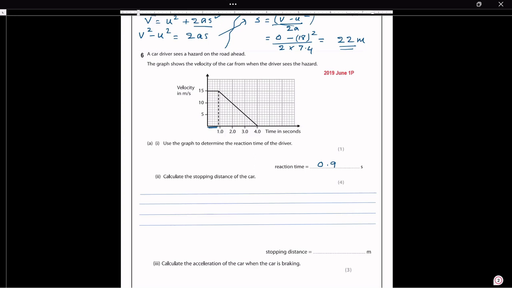The stopping distance of the car is the area under the graph. There is one portion and a second portion. The first portion gives the thinking distance and the area under the second portion gives the braking distance.